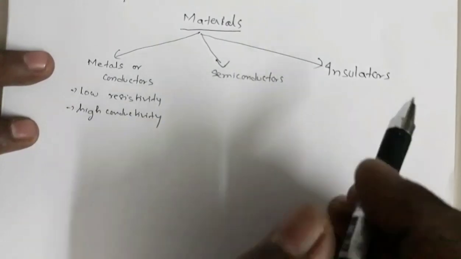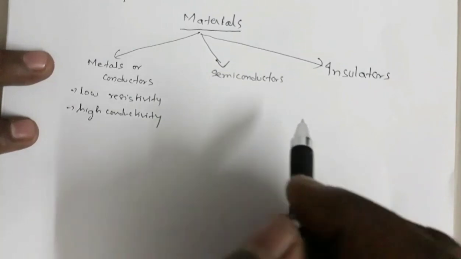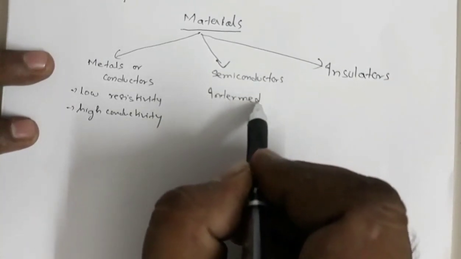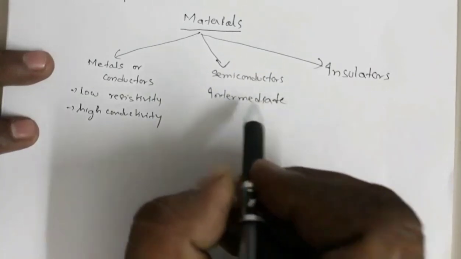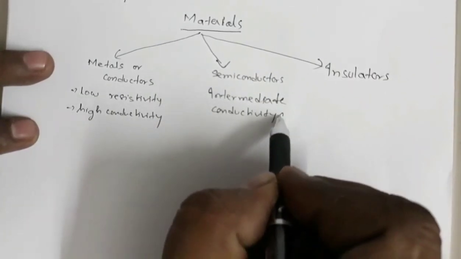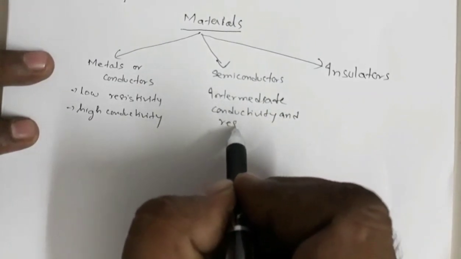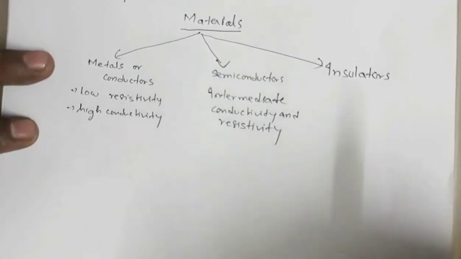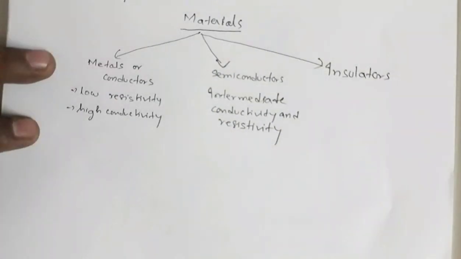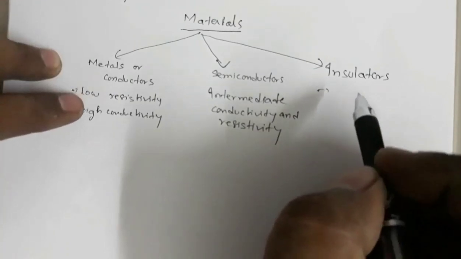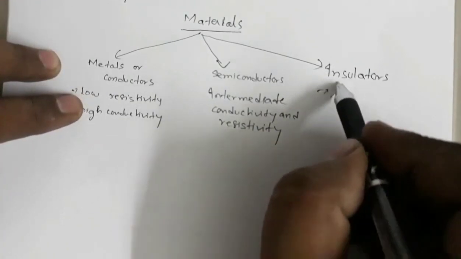Semiconductors have intermediate conductivity and resistivity. And insulators are just the opposite of conductors. Metals and conductors have low resistivity, while insulators have high resistivity.